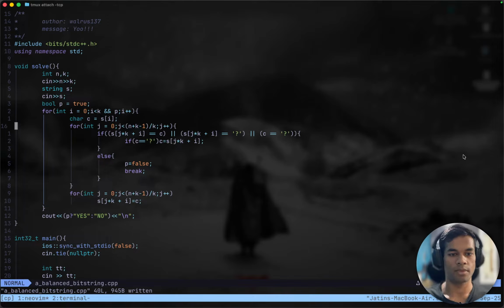J equals 0. 0 is the zeroth substring, n plus k minus 1 divided by k. How many times can I divide n into substrings?